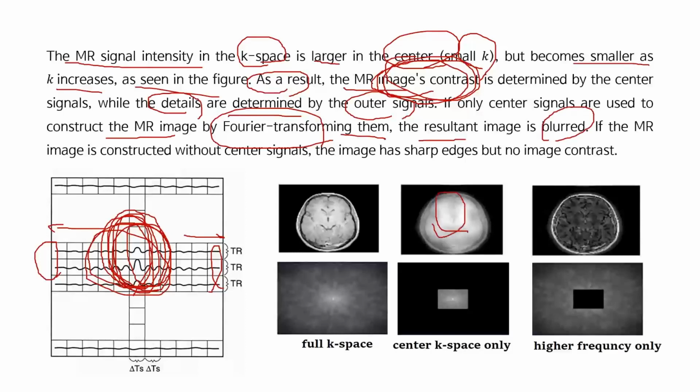This gives this image. If you use center signals only, then we have the bright image, because the intensity near center is largest, so we have bright signal, but the details are not clear. Okay?